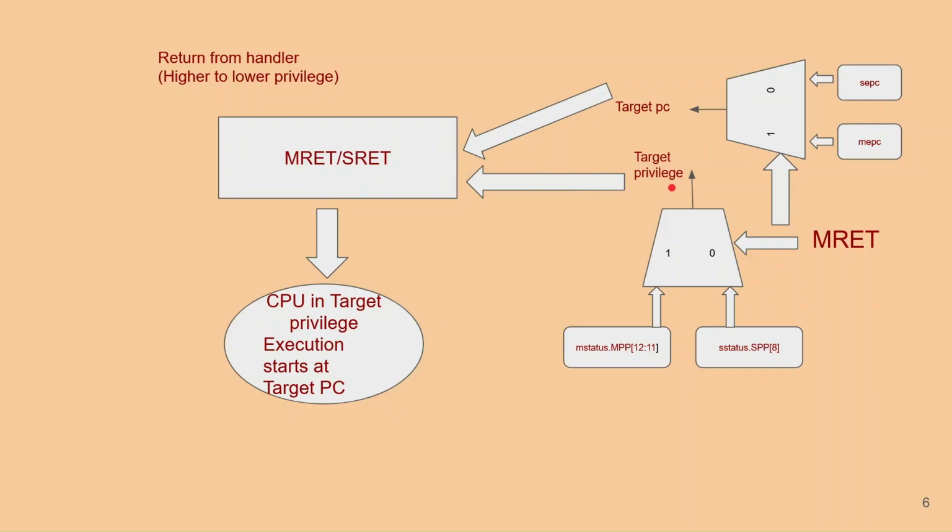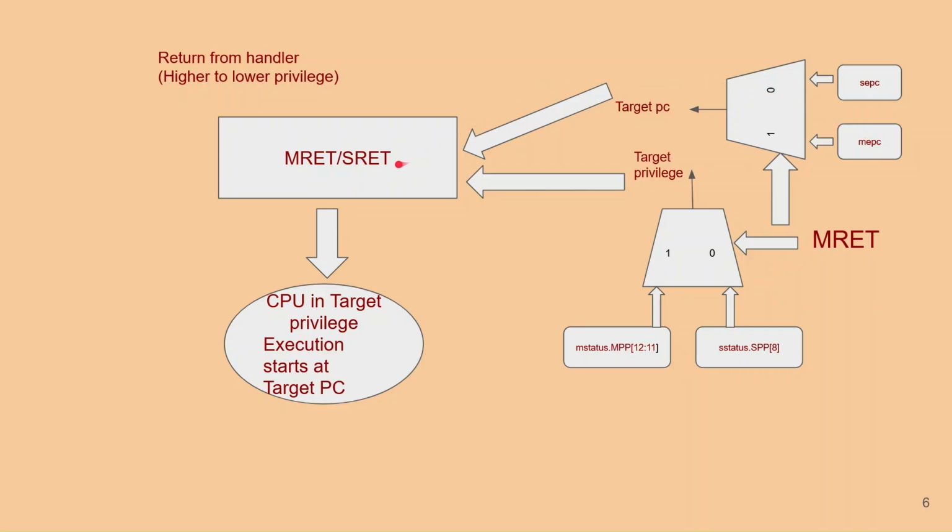Once the target privilege is restored, the next step is to recover the target PC. During trap entry, the hardware saved the return PC into the SEPC or the MEPC CSRs.